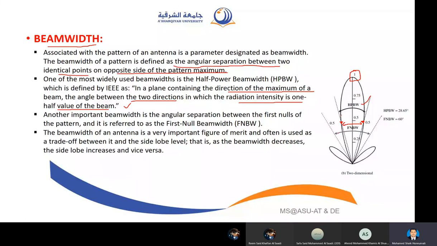And what is full null beam width? Full null beam width is the angular separation between the first nulls of the pattern.